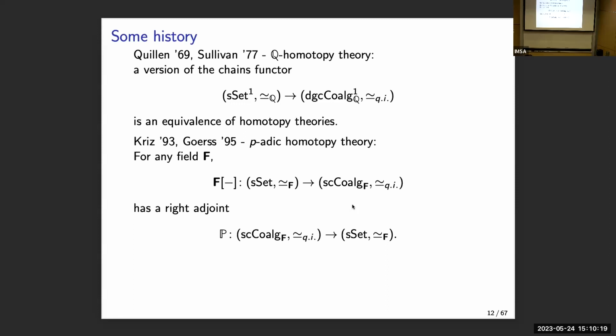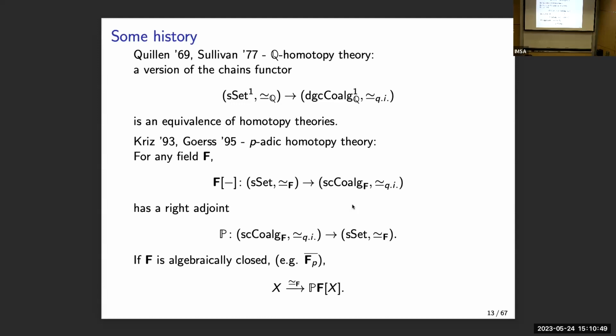So he constructed a homotopical adjunction between simplicial sets and simplicial co-commutative coalgebras over an arbitrary field, and proved that if F is an algebraically closed field, such as the algebraic closure of the field with p elements for p prime, then the unit of this homotopical adjunction is an F homology equivalence.